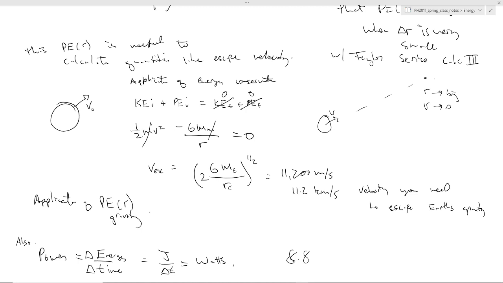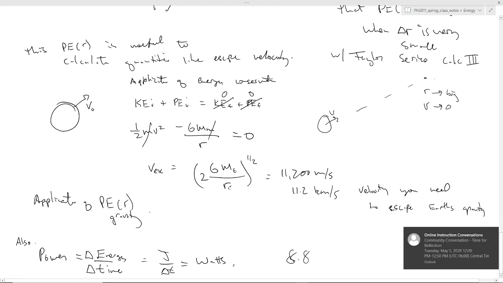You just divide the change in energy by the change in time. Questions? How are you guys doing? It's kind of a lot of stuff, but this should give you everything you need, I think, to tackle any of the problems in the homework.